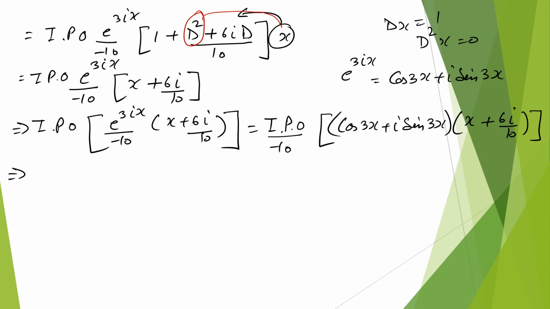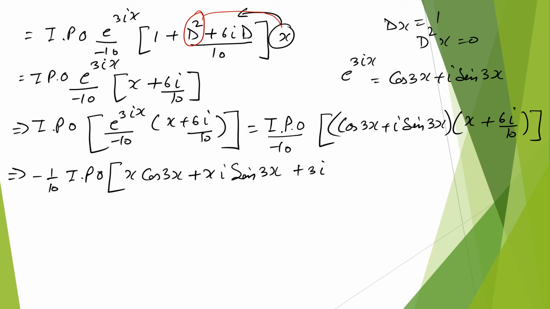Now multiplying this term, minus 1 by 10 imaginary part of x cos 3x plus x iota sin 3x plus 3 iota cos 3x by 5 minus 3 by 5 sin 3x.